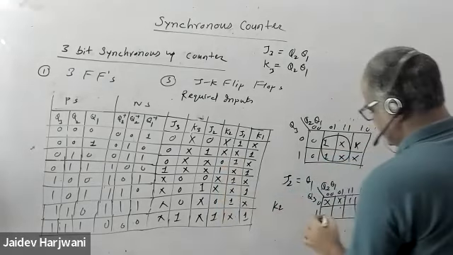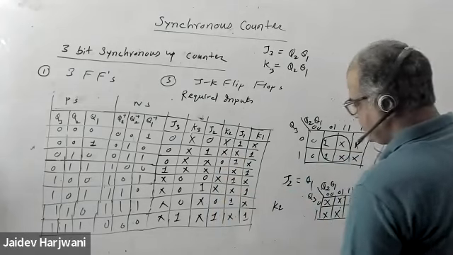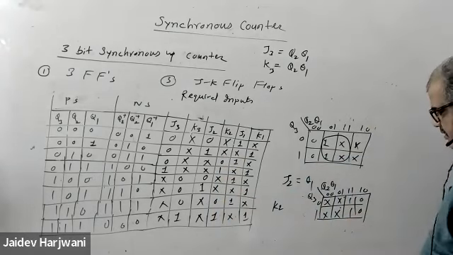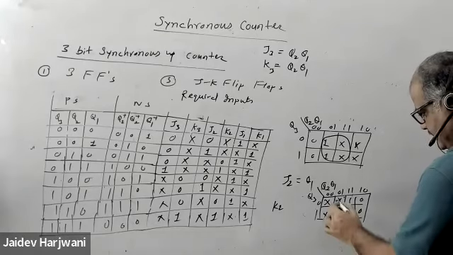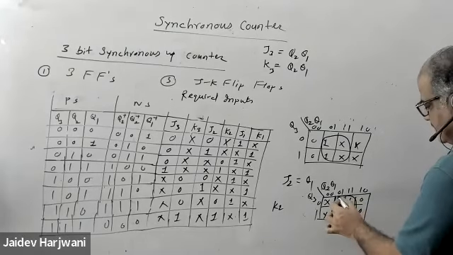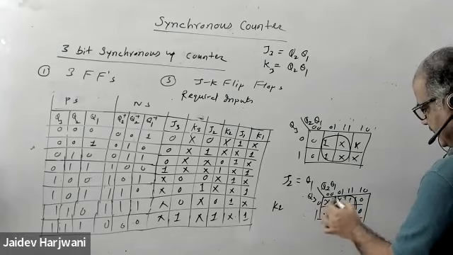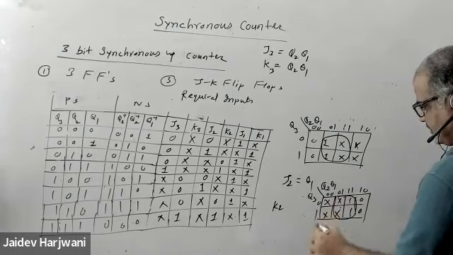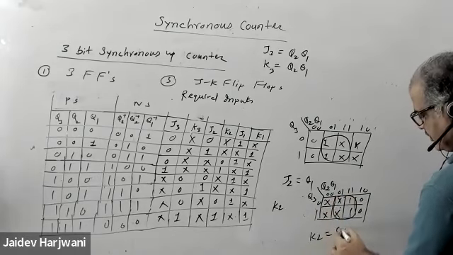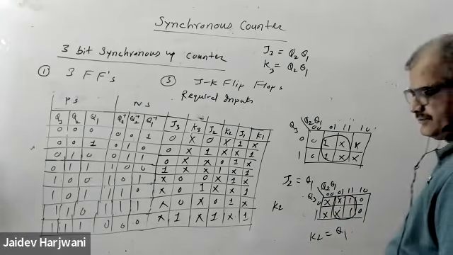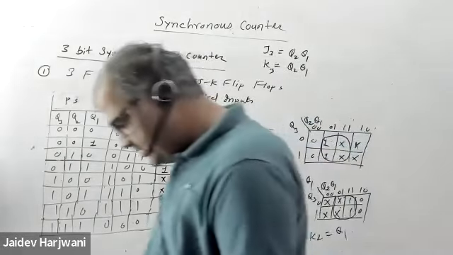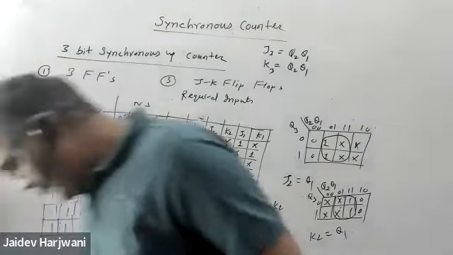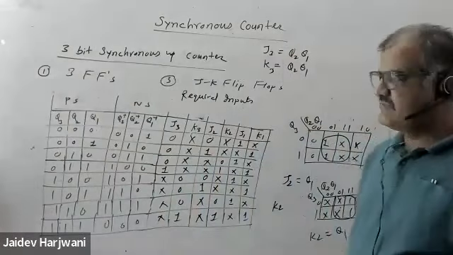Then XX. Then 0, 1, 0, 1. Again, you can take this quad, the same quad you took here. Again, you have this Q1. K2 is also Q1. Now tell me, J1 K1. J1 K1 is very simple.